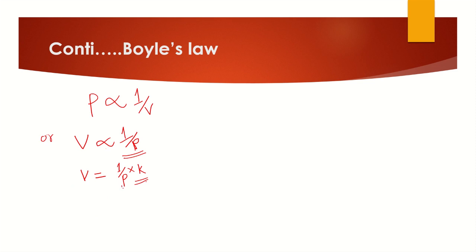P is in the denominator, so when it changes side, it goes to the numerator. So it becomes PV equals K. This is our Boyle's law formula.